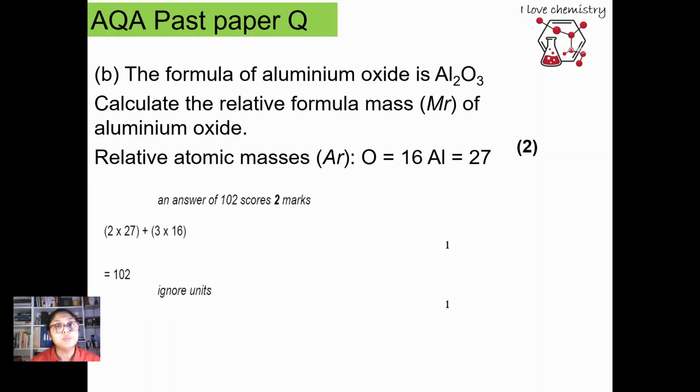So you multiply 27 for aluminium RAM times 2 because of 2 atoms of aluminium in aluminium oxide, plus 16 times 3 because there are 3 oxygen atoms in aluminium oxide. So this is mark 1. Second mark is for the final answer, 102. If you have got that, well done.